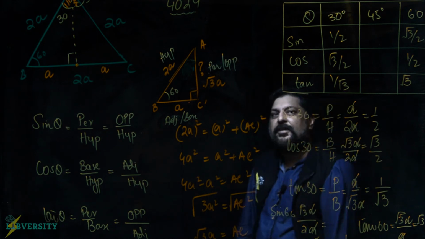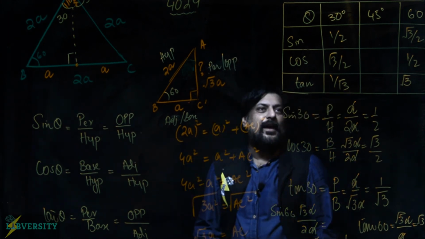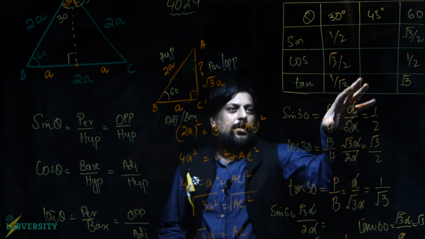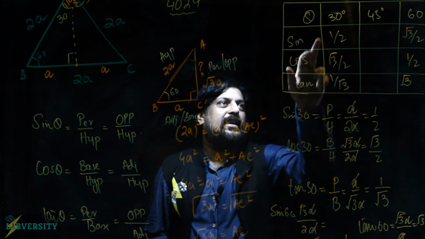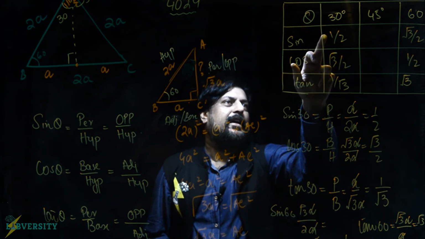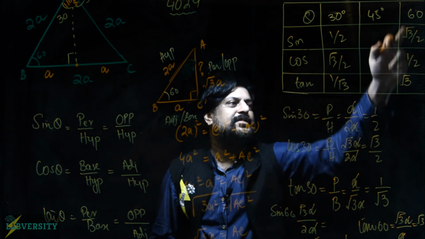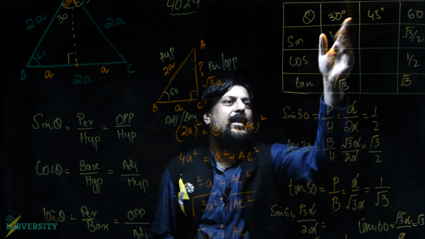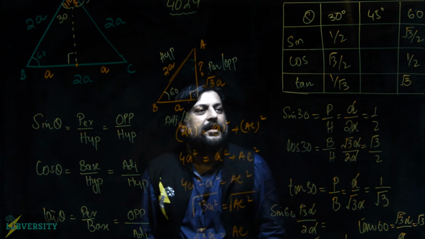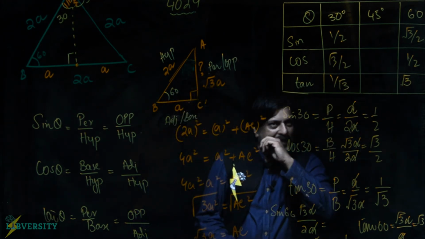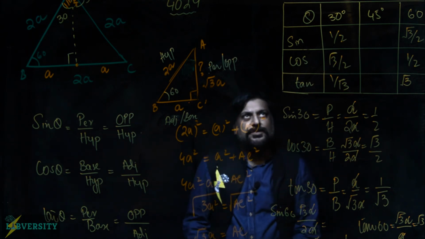Now we are left with 45 only, but before we move to the 45 degree angle, I request you to observe this table. What can you see? The value of sine 30 is switching to cos 60 and the value of cos 30 is switching to sine 60. On an experimental basis, we tried some more values.